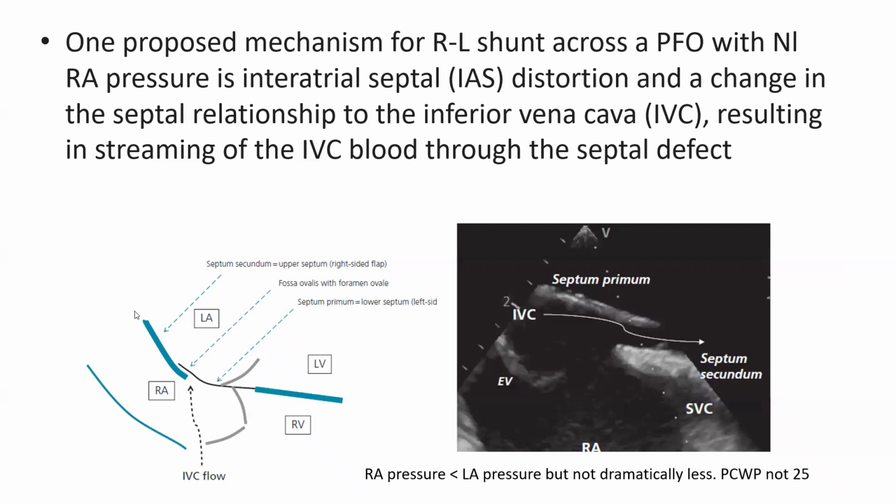So if you modify the interatrial septum anatomy in a way that you put it straight into that stream of the IVC flow, you may get a right to left shunt despite a normal RA pressure that is slightly lower than LA pressure, but not dramatically lower. You're not going to get that shunt across a benign PFO in a patient with an LA pressure of 25. It has to be that RA and LA are not dramatically different. RA lower than LA, but not dramatically lower. Okay?